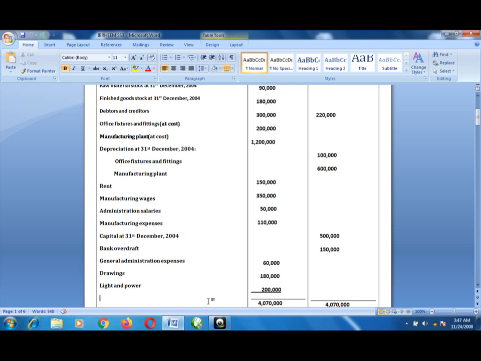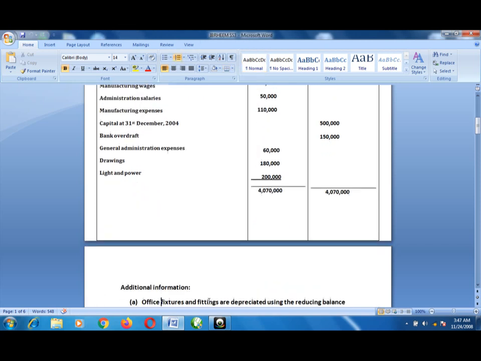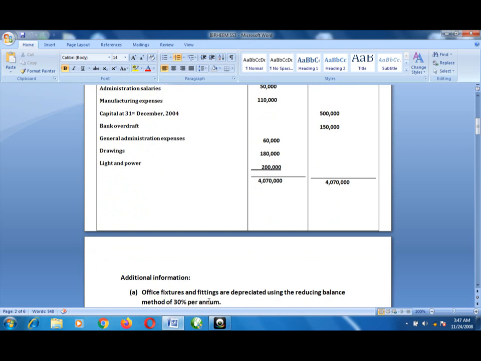You have a bank overdraft, general administration expenses 60,000, drawings 180,000, light and power 200,000. And after 200,000, you have a balance.